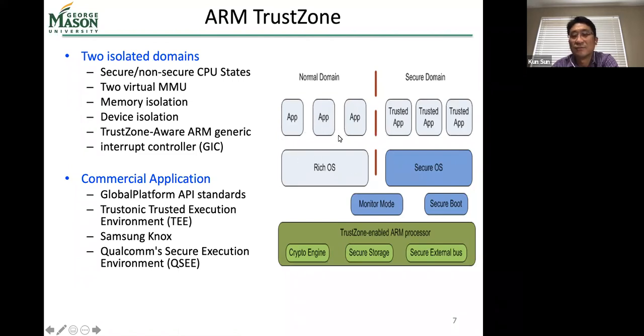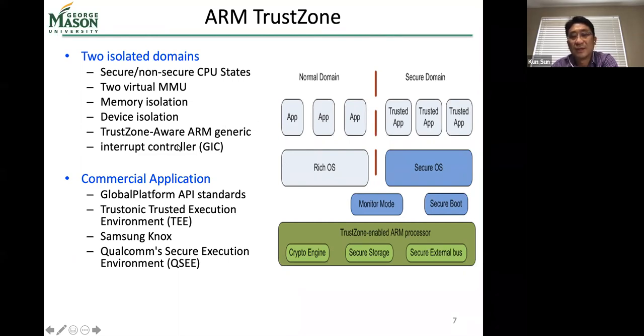In the secure domain, you can install another secure OS and run your trusted applications. The hardware provides separate secure and non-secure CPU states, memory isolation and I/O isolation, with interrupt controller support.